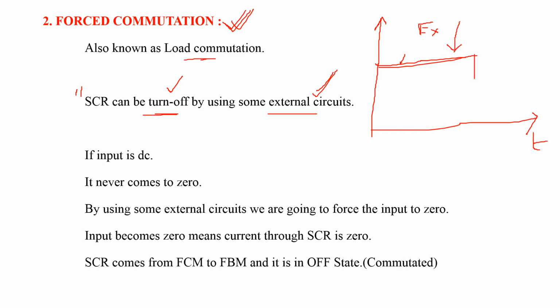If input becomes 0, the current flowing through SCR becomes 0. Then SCR comes from forward conducting mode to forward blocking mode, and it is in off state, means SCR is commutated. This is the concept of forced commutation.